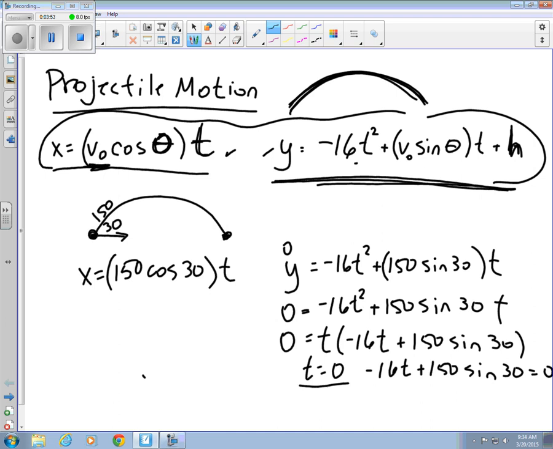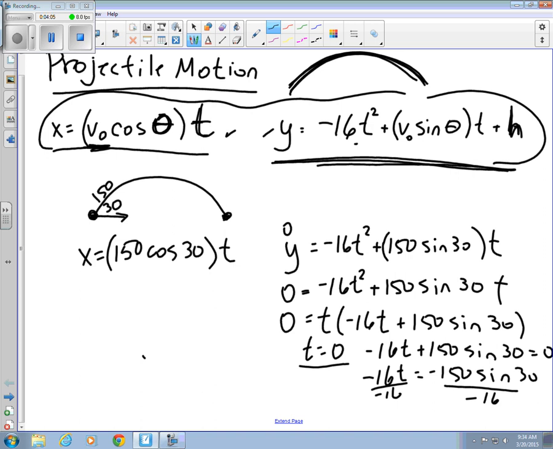Here, when I solve this, -16t equals -150 sine 30. Divide both sides by -16. If you take the time to do that on your calculator, you're going to get t equals 4.69 seconds. That's how long the ball is in the air.